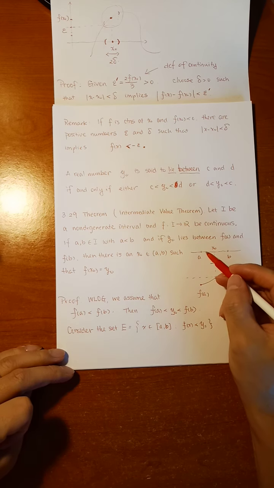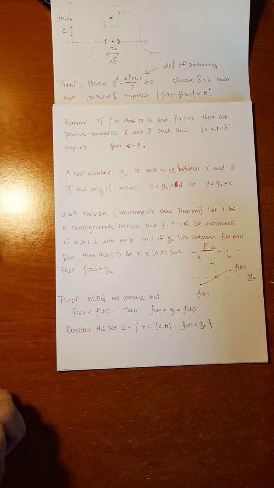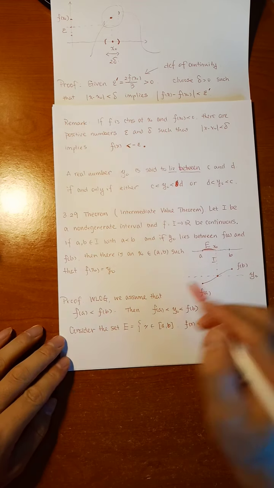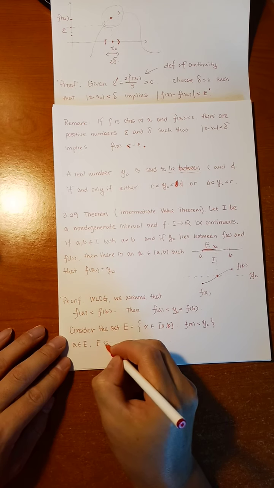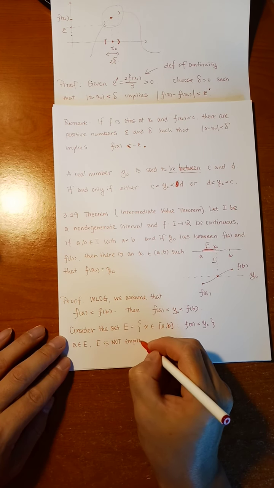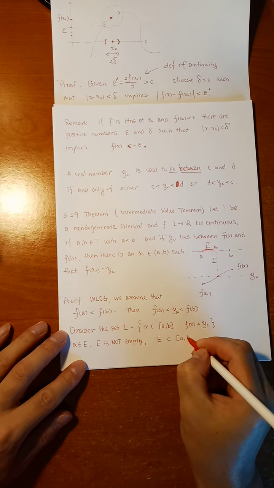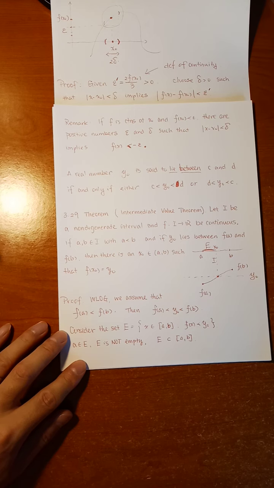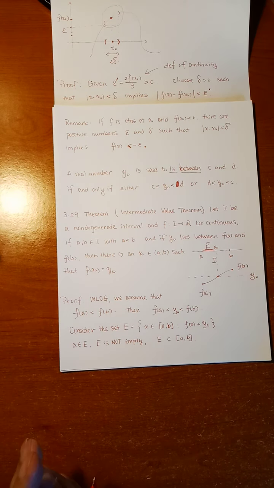Possibly it's like this interval. This is E. So first we get a is in E, so E is not empty. And second, E is contained in [a, b].